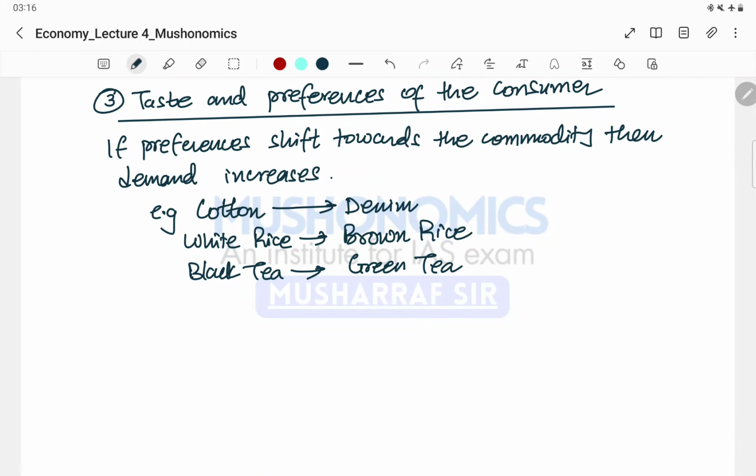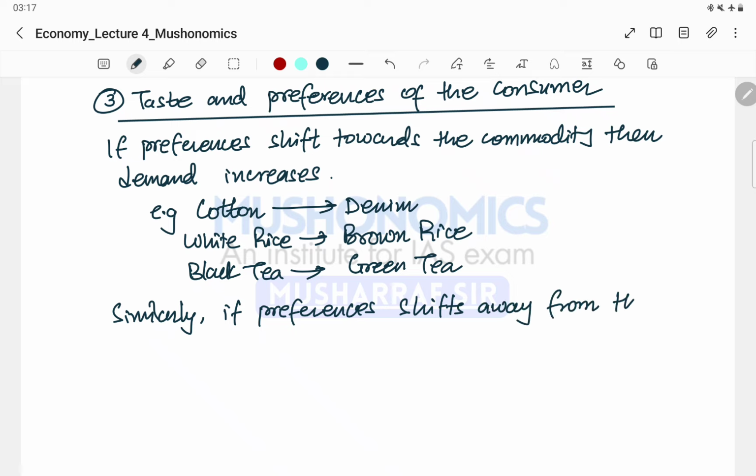Similarly, if preferences shift away from the commodity, then demand decreases.